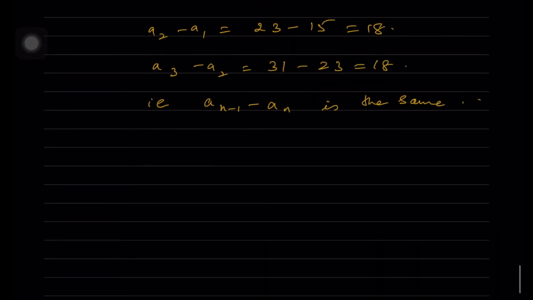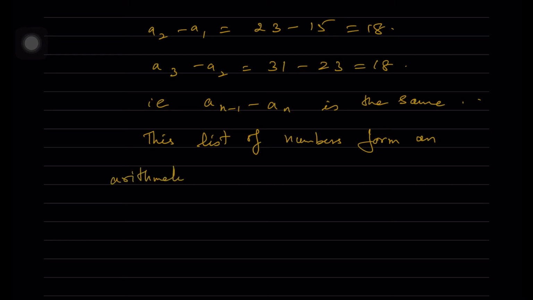So this list of numbers forms an arithmetic progression. We have to see whether they are following a particular sequence or not.